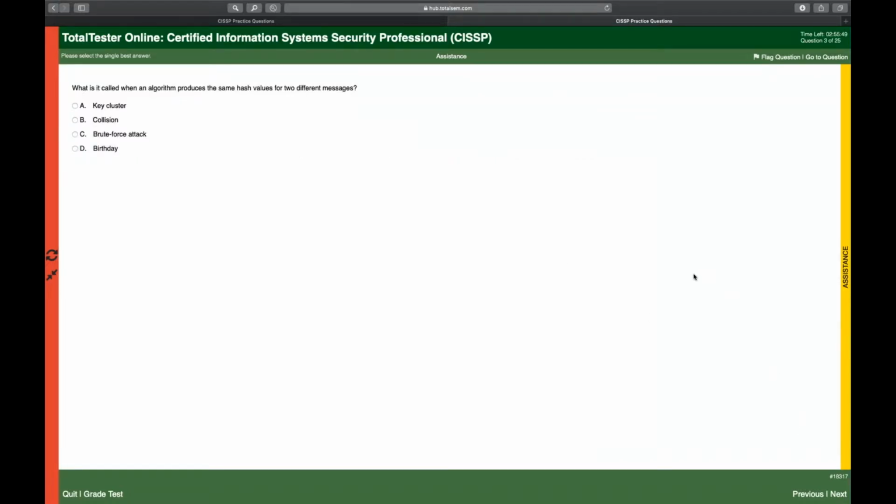Question number 3: what is it called when an algorithm produces the same hash value for 2 different messages? This is a new one, but this is directly from our CyberSecStudy content. Ready. Should be a layup. Anybody else?